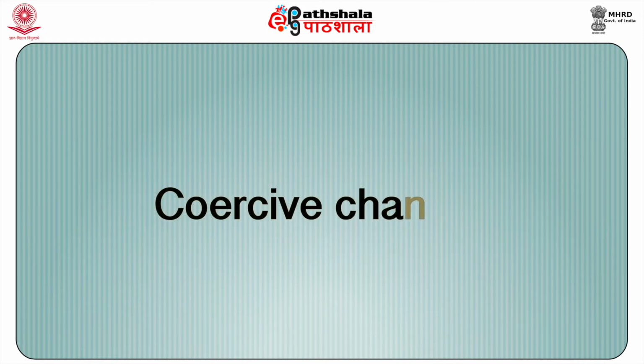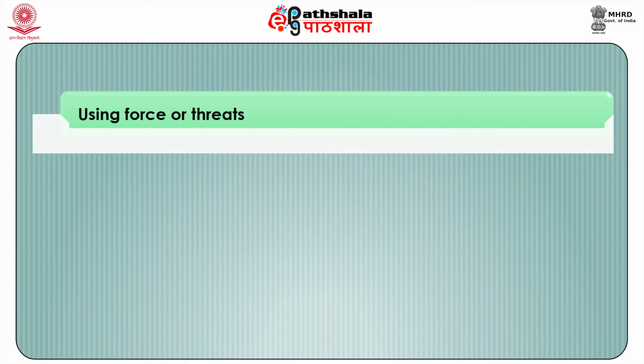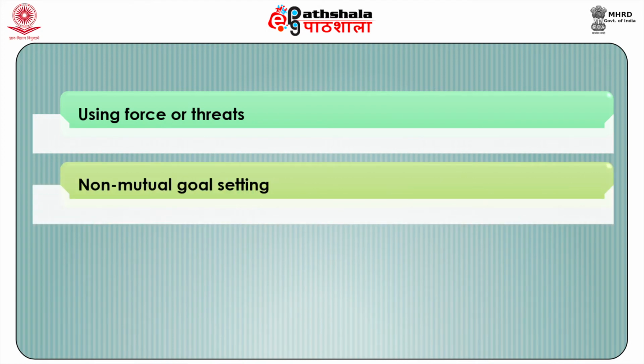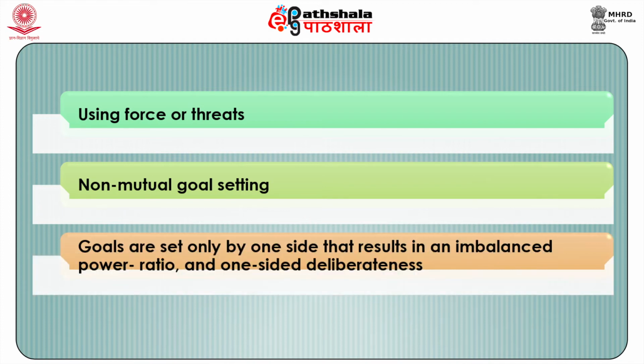The next change is coercive change. Coercive means using force or threats. Coercive change is characterized by non-mutual goal setting. Here the goals are set only by one side, which results in an imbalanced power ratio and one-sided deliberateness.